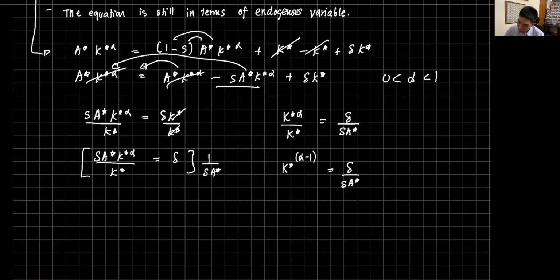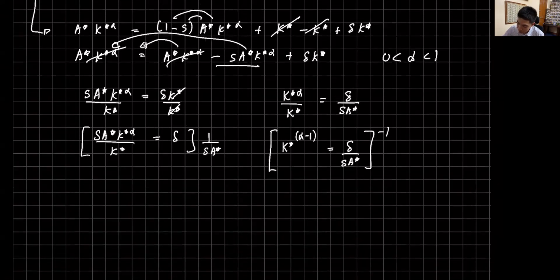What we can do is reverse it by raising both sides to the power of negative 1. So we get K star raised to 1 minus alpha, which is now positive because alpha lies between 0 and 1. But in doing so, we need to flip the other side of the equation. So S A star will now be in the numerator, and delta will be in the denominator.